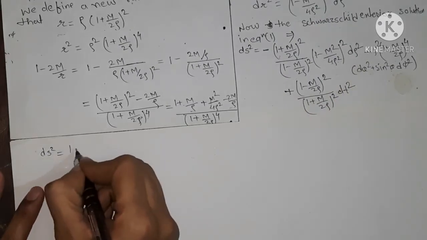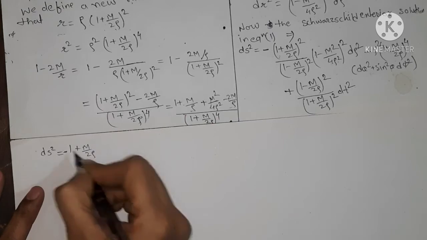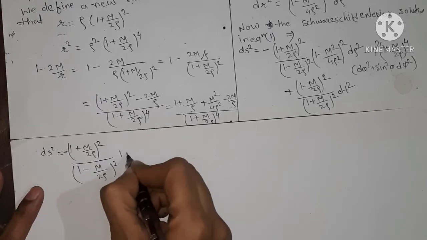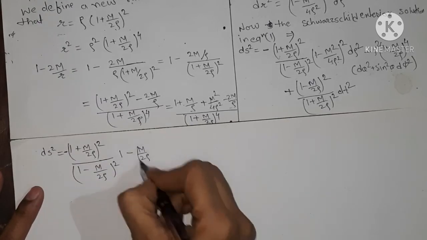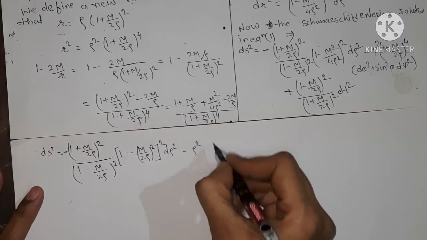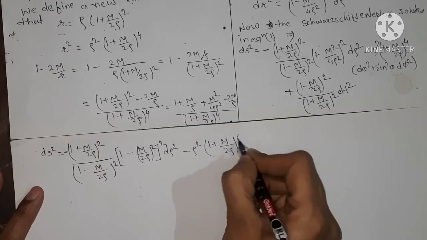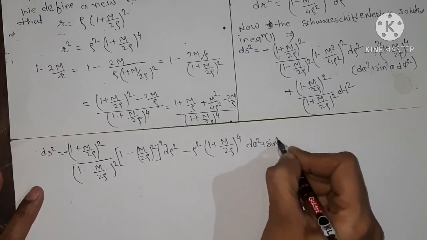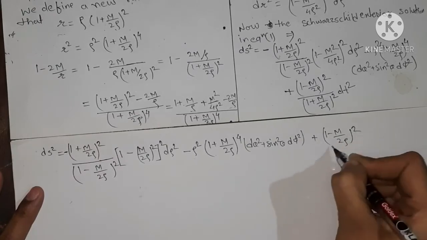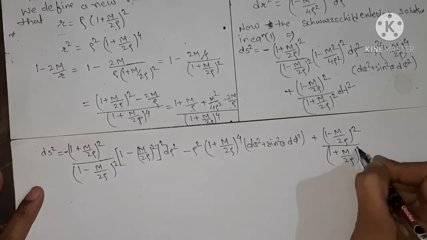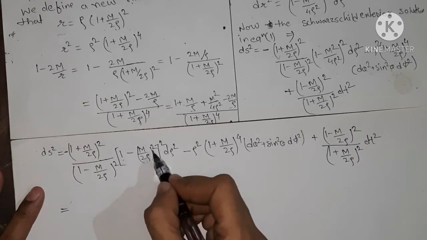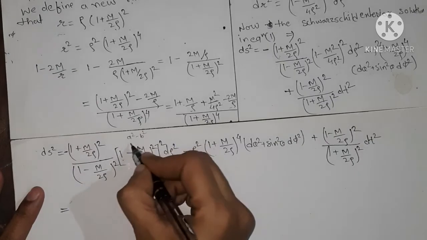So we write this as 1 minus 1 plus m upon twice rho whole bracket square upon 1 minus m upon twice rho whole bracket square, 1 minus m upon twice rho its square whole bracket square, d rho square, minus rho square 1 plus m upon twice rho to the power 4, d theta square plus sine square theta d phi square, plus 1 minus m upon twice rho its square upon 1 plus m upon twice rho whole bracket square, dt square, which equals, now 1 minus m upon twice rho square is the same as a square minus b square.